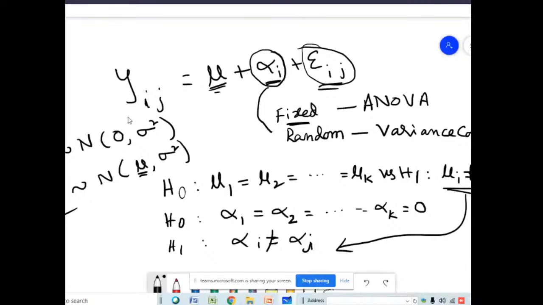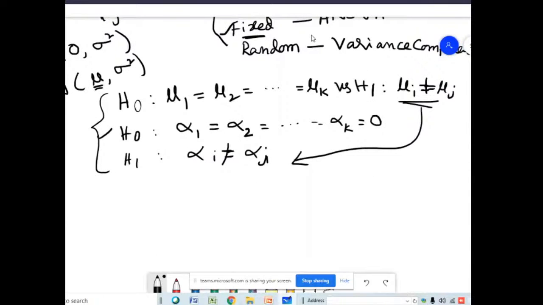If the alpha i values are all 0, that is called a fixed effect model. If the alpha i's are random, then you cannot say that the values are zeros, which is totally different. In those cases, the hypothesis to be tested will be like this.